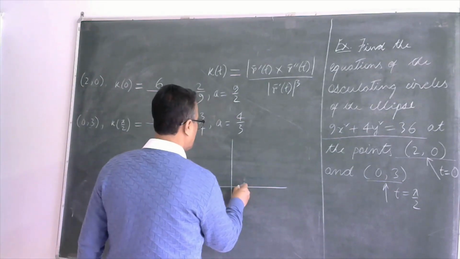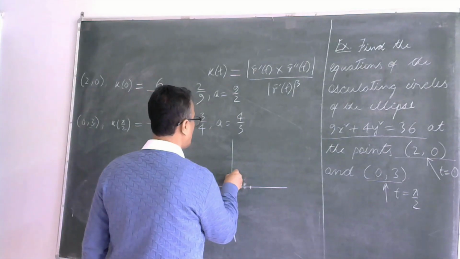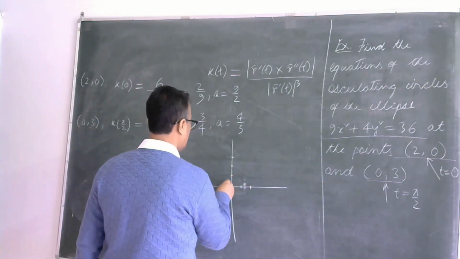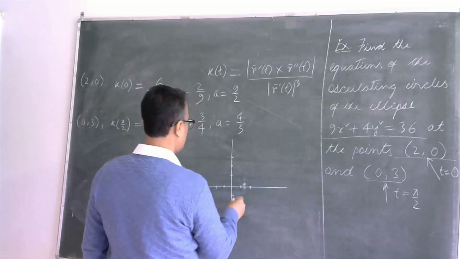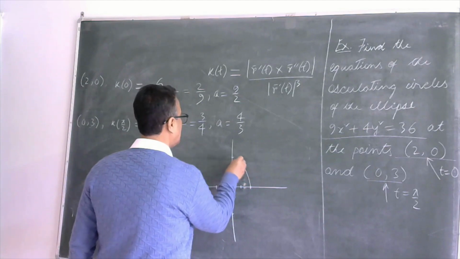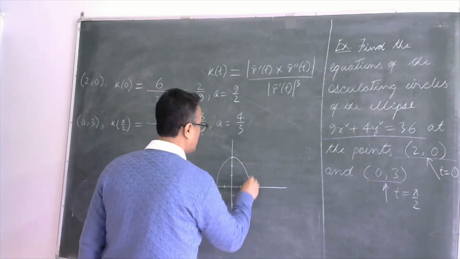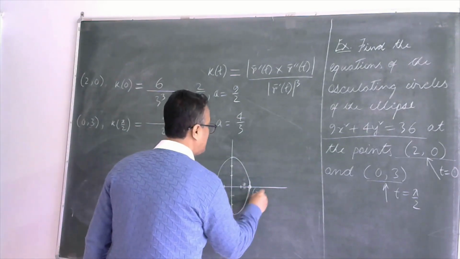Suppose this is 1, 2, and 1, 2, 3. So it is going to look something like this. This is the point (2, 0).